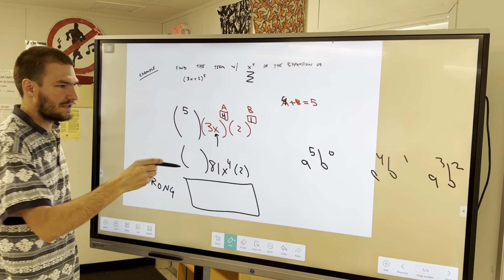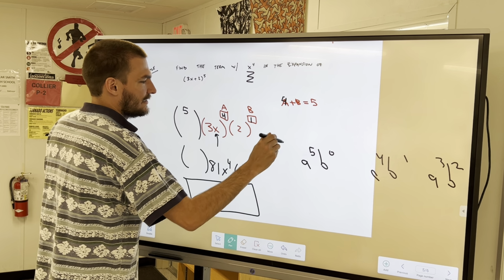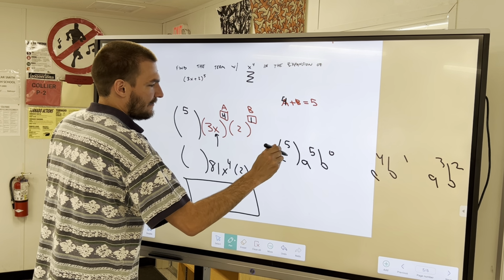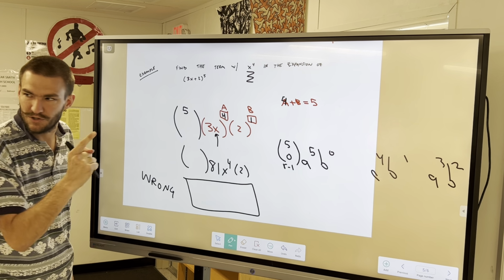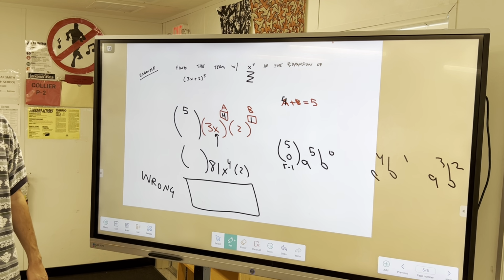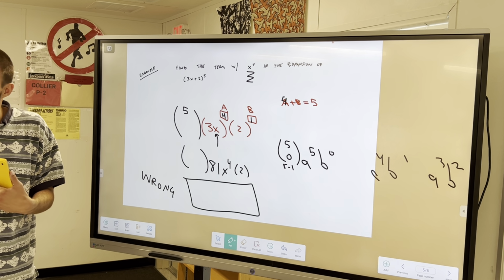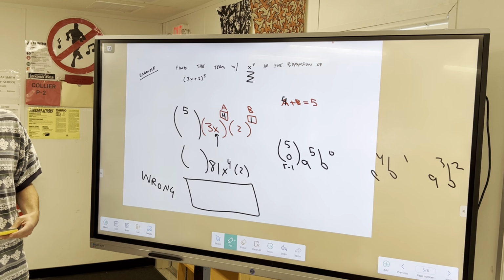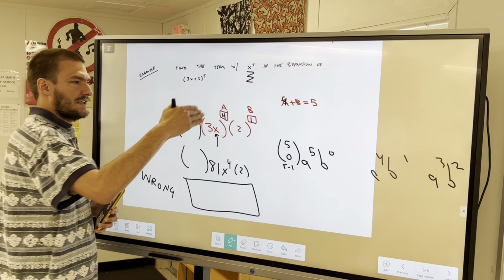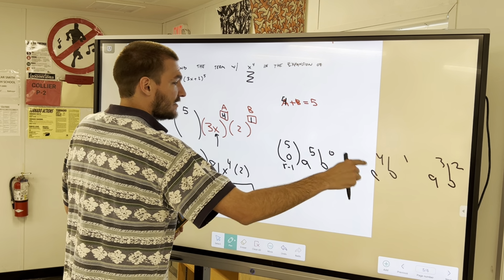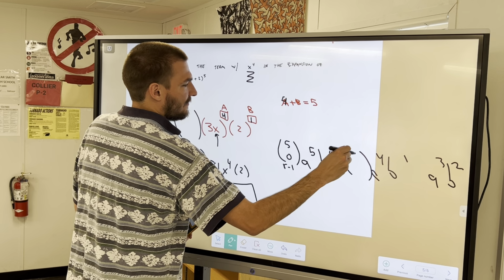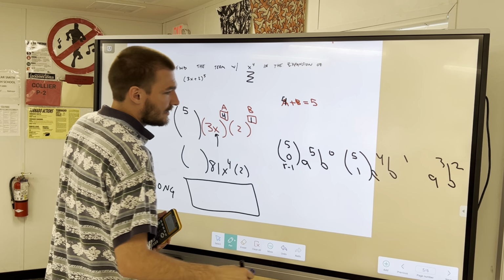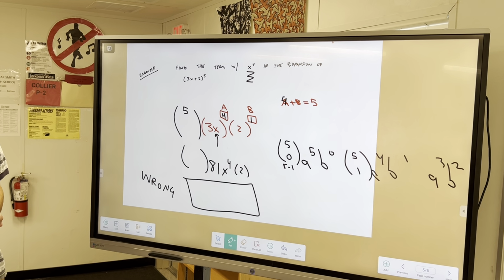And the first one that we have here is always 5 choose 0, because it's supposed to be r minus 1. The first term in that sequence, and you have to go 1 short of that. So this would be 5 choose 0. Where we are is here in this position, the second position. So we need 5 choose 1, not 5 choose 2.